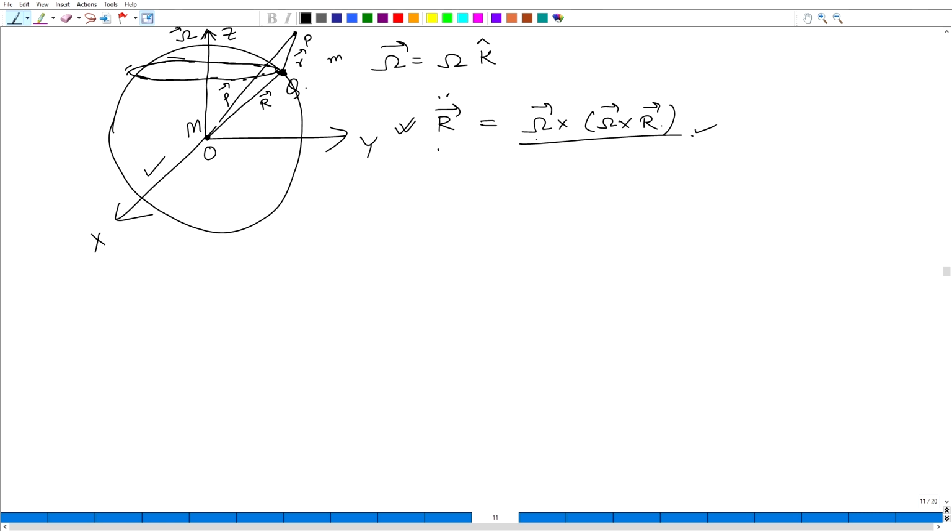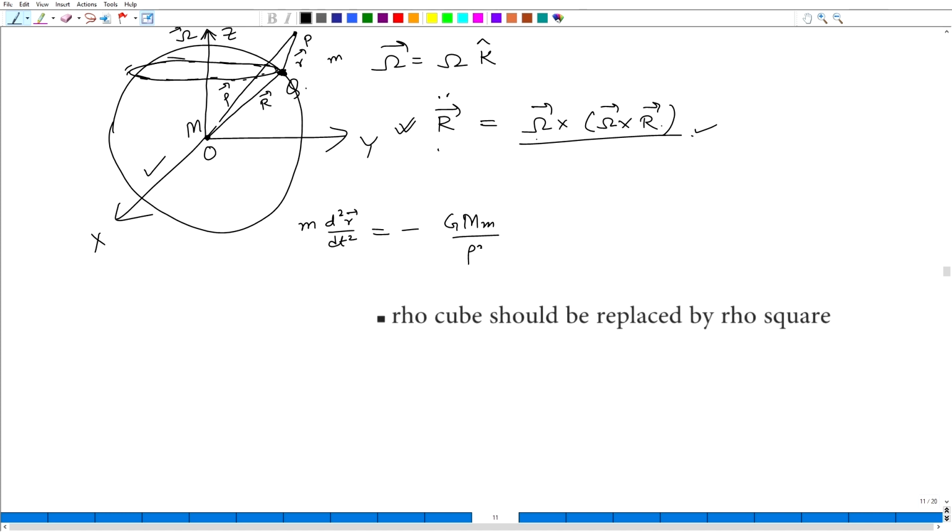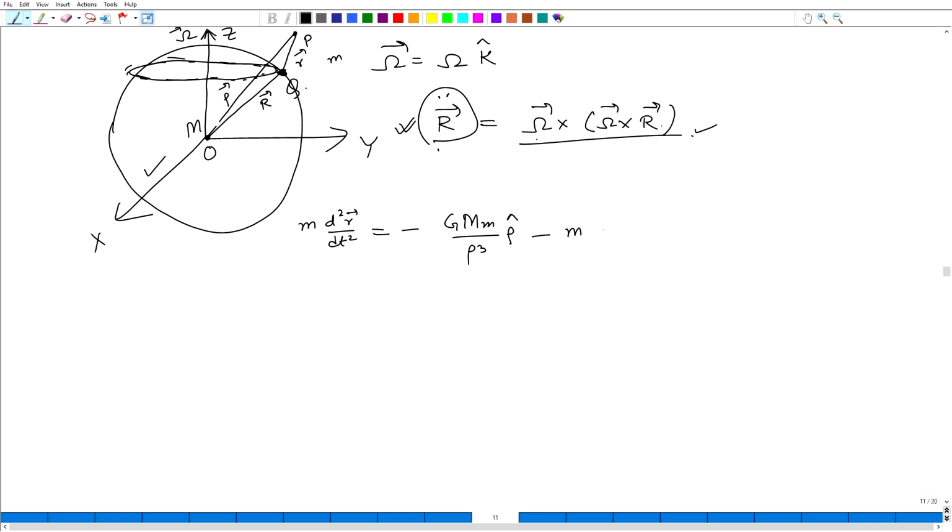So, I can now write m d2 r dt2 will be equal to minus G capital M small m by rho cube rho cap, minus m, instead of r double dot, capital R double dot, I wrote, omega cross r, and I can also write minus 2m omega cross v.